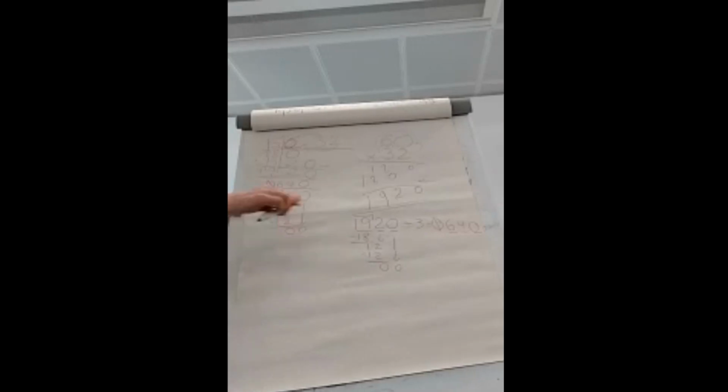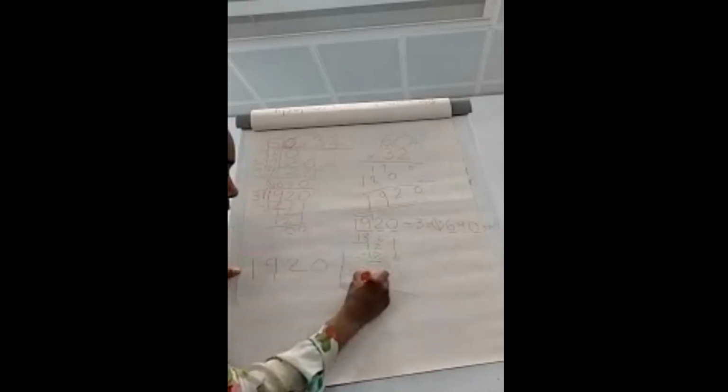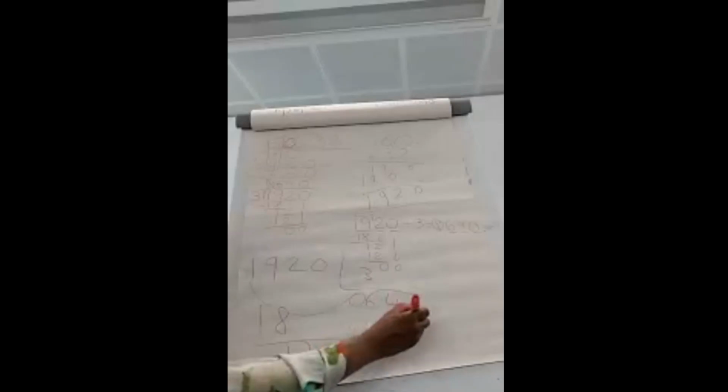A little bit different, but still. Thank you. 1920 divided by 3. Okay, like you see, 1, 0, and then 6, 18, 1, 12, 4, 12, 0, and 0.